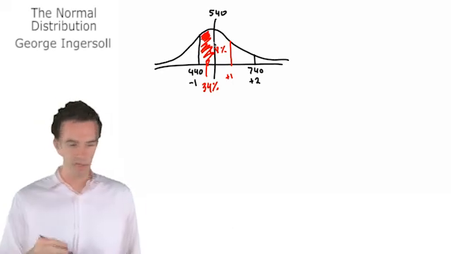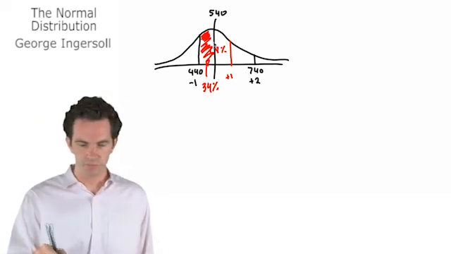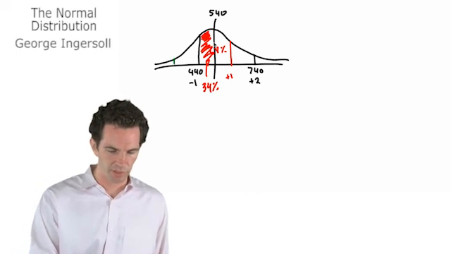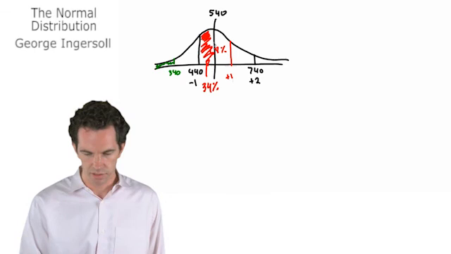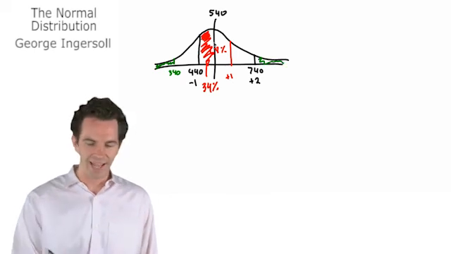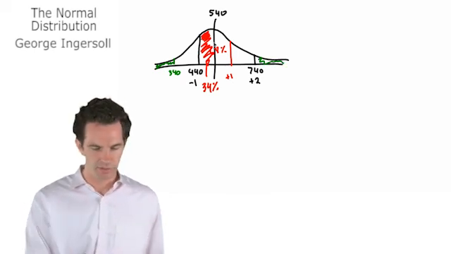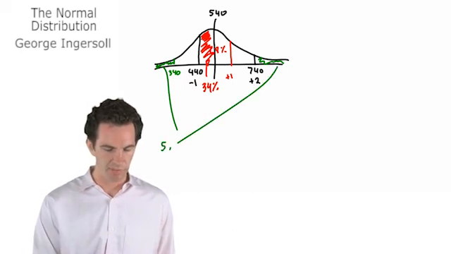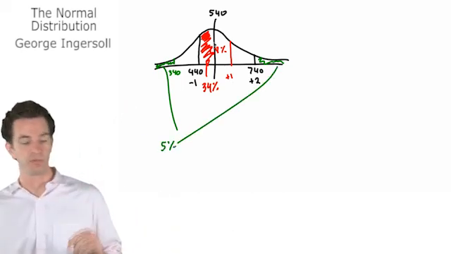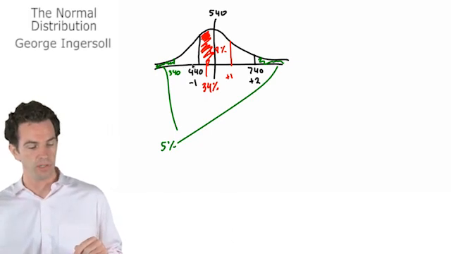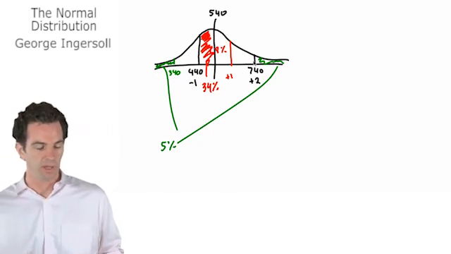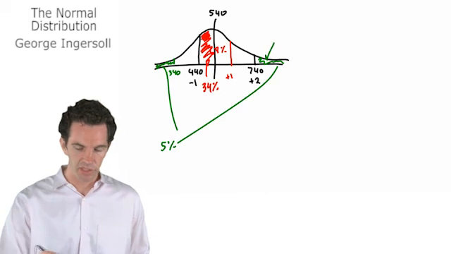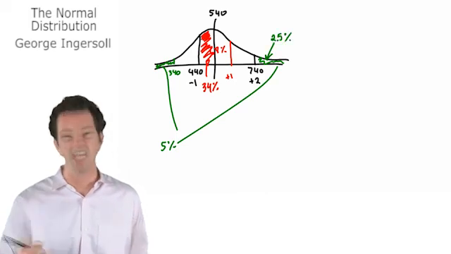So that must mean that out here, if I write 340 over here, out here on the edges, these are going to add up together to 5%, right? Because 95% of all results are going to fall in between 340 and 740. Therefore, this right here, just this, has got to be equal to 2.5%. Half of 5%.